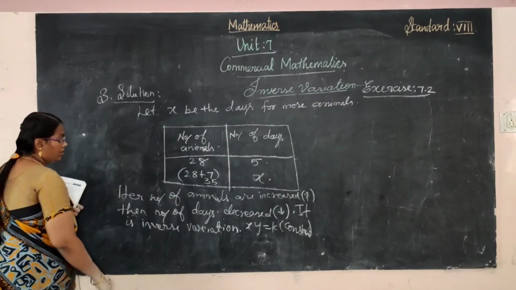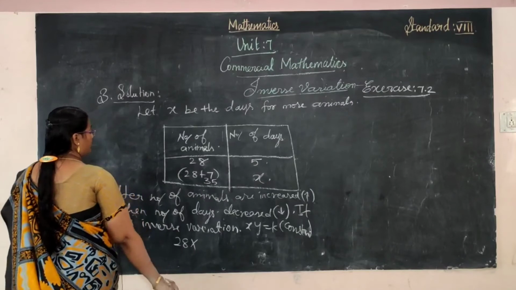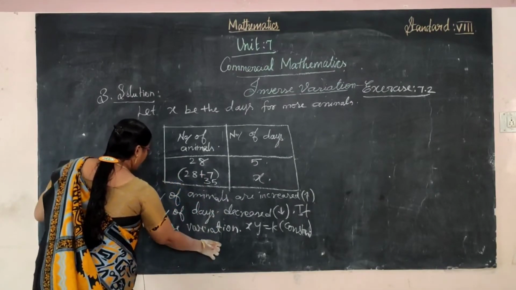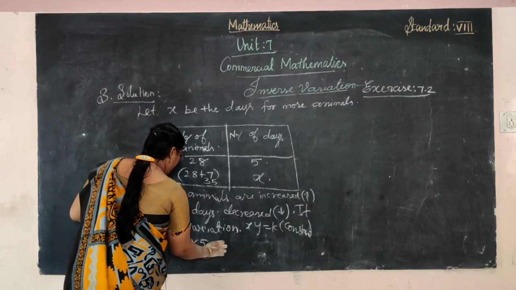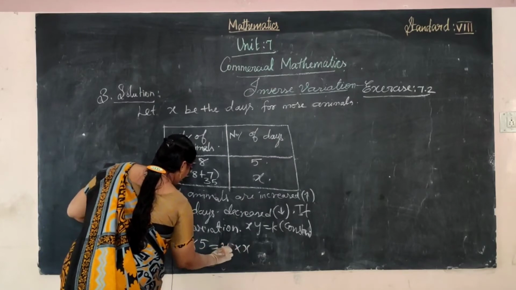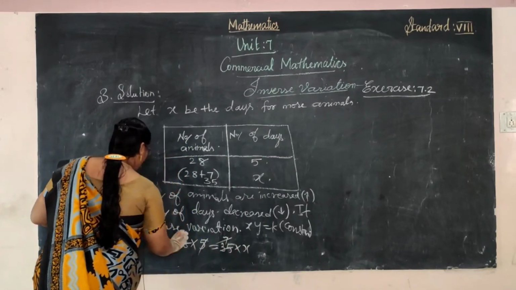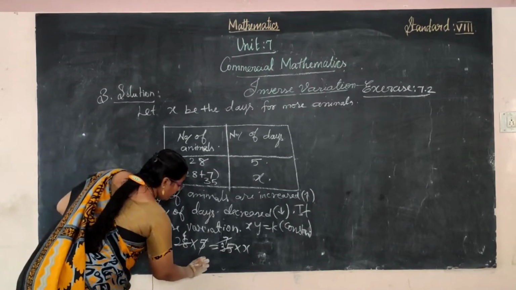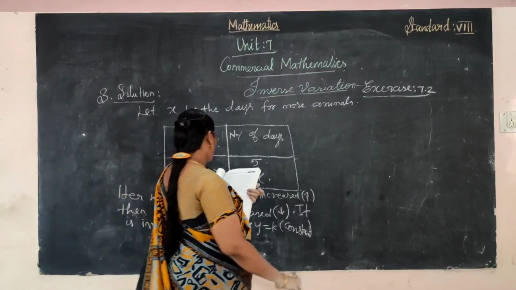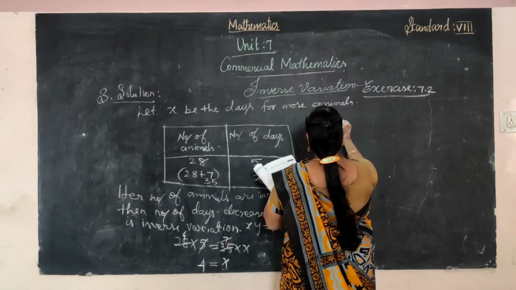Right. So write 28 into 5, the product of the animals and the days, equal to 35 into x. So x equals 4. So how many days are needed? 4 days.